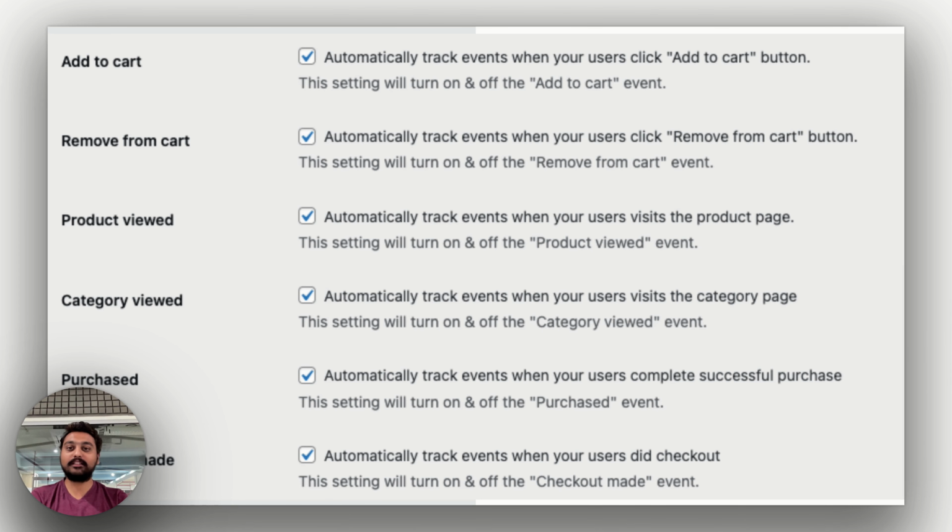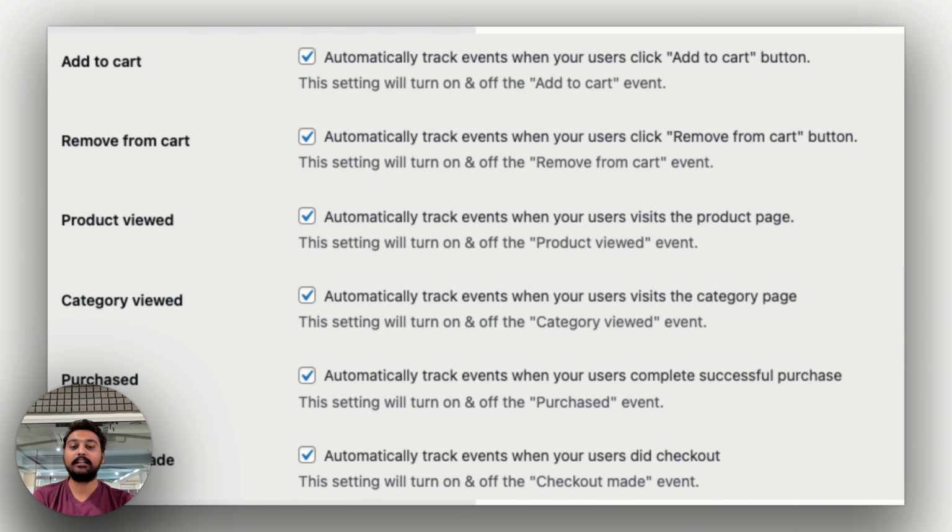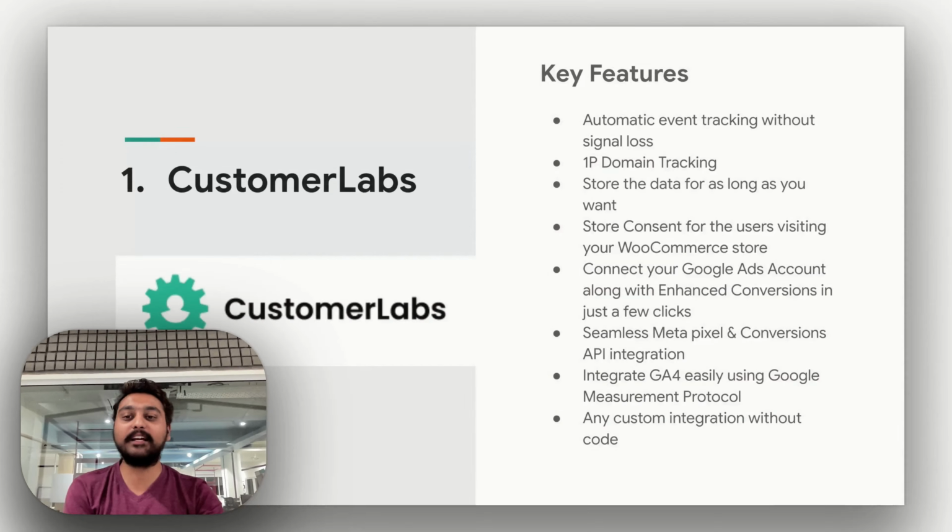Sorry, wish list will not be tracked automatically, but you can track it by using a custom conversion that can be done later on. So checkout made, category viewed, purchased, add to cart, removed from cart, product viewed. All of these events can be tracked seamlessly with just a few clicks. All these are standard events inside ads, so you can track with just checking these boxes, and your conversions will be tracked inside Meta Ads and Google Ads.